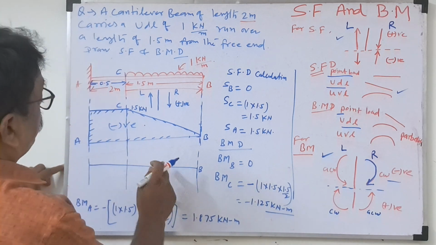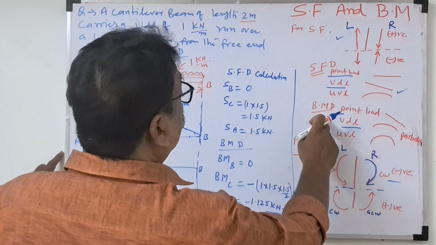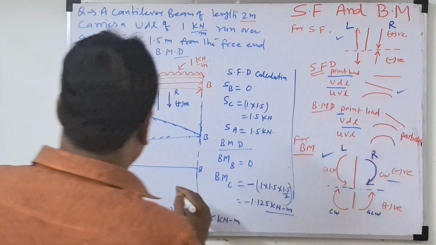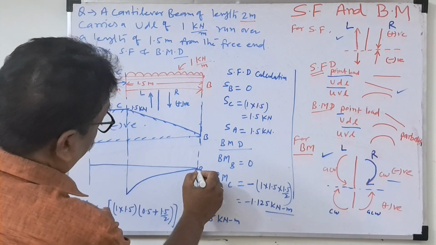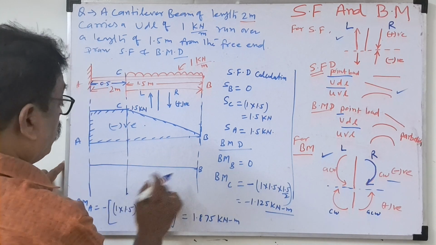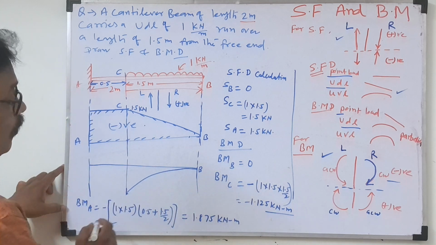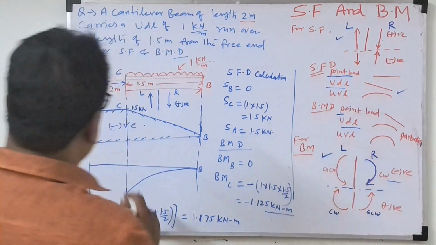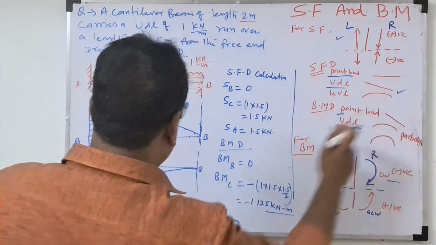Now you see here, for the UDL the bending moment diagram is a parabola. So draw a little second degree curve, a parabola. Now here there is no load, so what will it be? For the bending moment diagram, with a point load or no load, it is an inclined line.